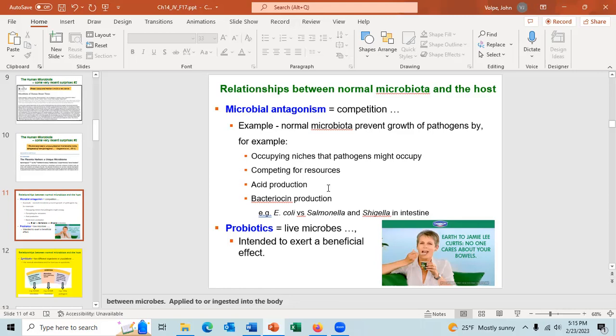Any question about that? All right. The last thing that the normal microbiota can do to antagonize the human pathogens is that the normal microbiota may produce bacteriocins. Bacteriocins are something similar to antibiotics. They're usually a protein, but they have a very narrow range of what cells they affect.